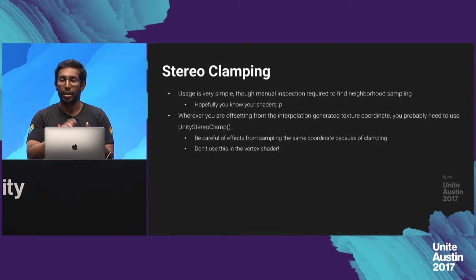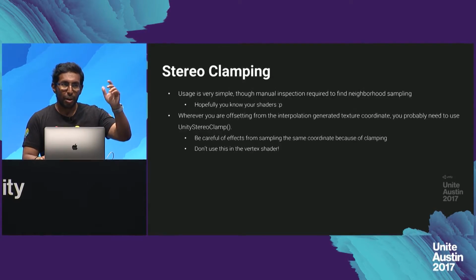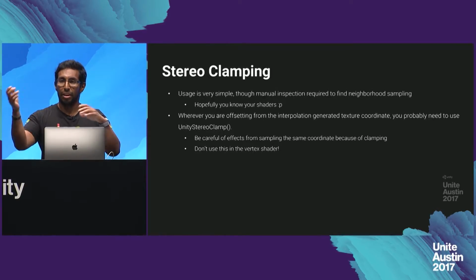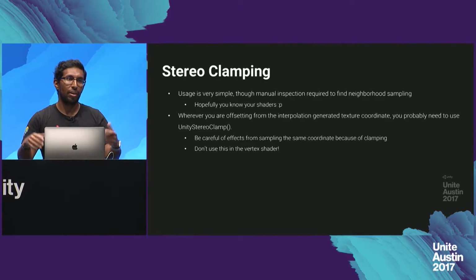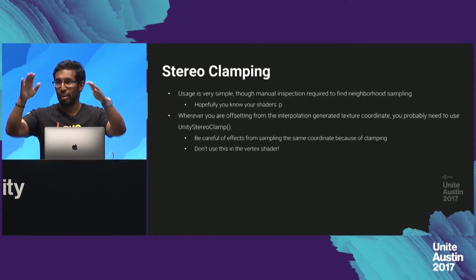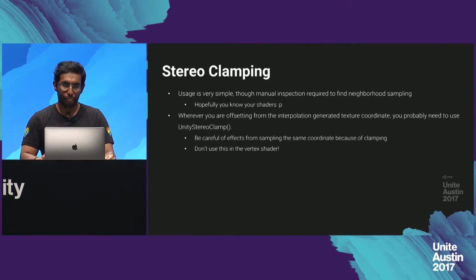Basically, anytime you're offsetting from your interpolated texture coordinate, you probably need to use Unity Stereo Clamp. Sometimes this ends up with artifacts because when you get to those edges, you'll start sampling the same texture coordinate, and it can sometimes end up with unexpected rendering, but that'll be the same thing at the edge of a normal texture too.